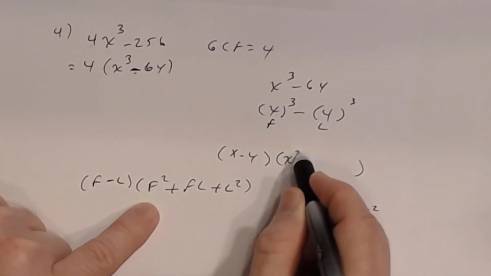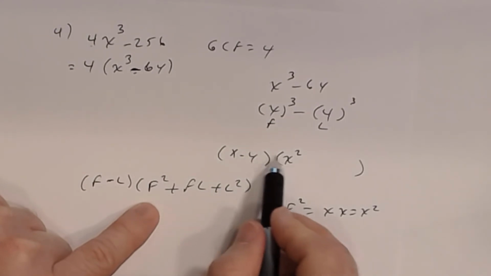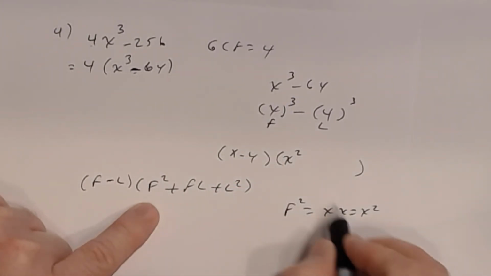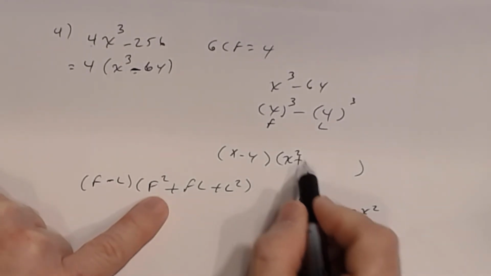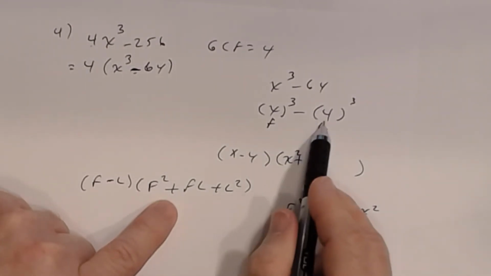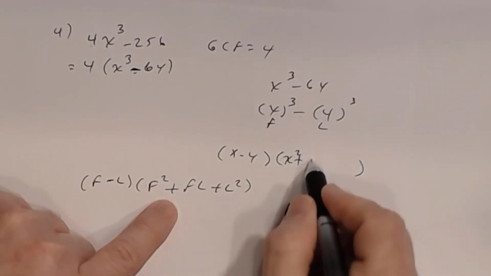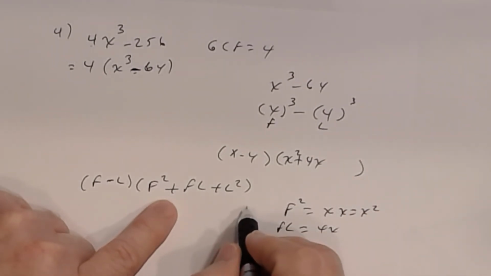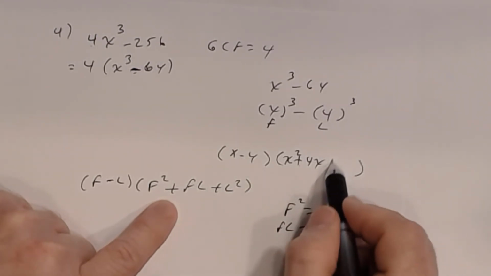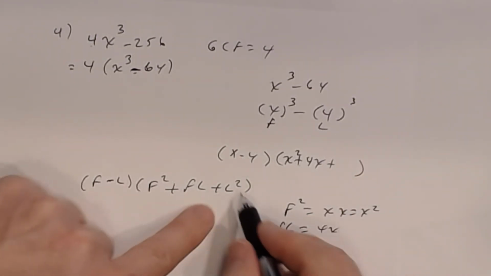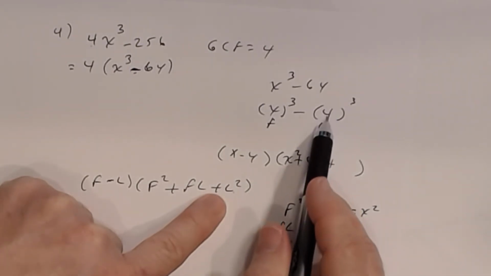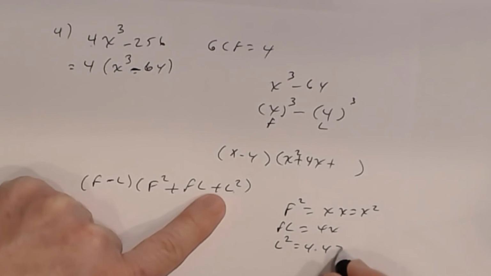That makes sense because x times x squared is x cubed. Then plus f times L. f is x, L is 4, so that's 4x. Remember, this is subtraction, so this has to be addition. And then plus L squared. L here is 4, so that's 4 times 4, which is 16.